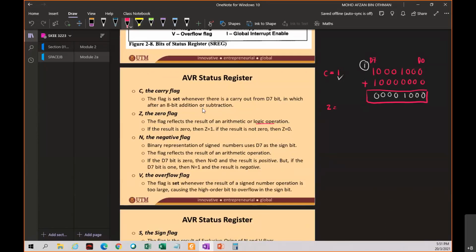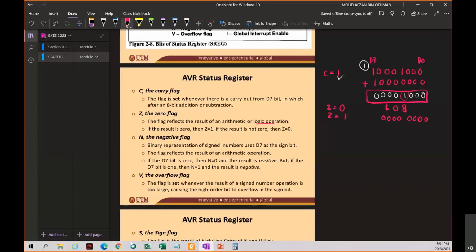Since this result here still has a value, you still have 08 inside here. So what happens? Z equals 0. If you do an addition and the result of the addition is 0, 0, 0, 0, 0, 0, 0, 0, what happens? Z becomes 1. So this is for the zero flag.